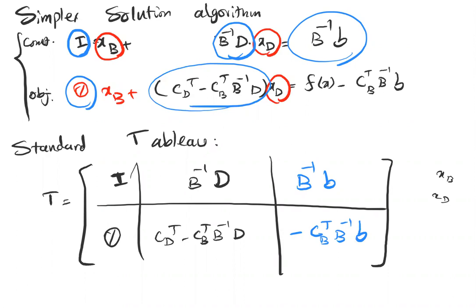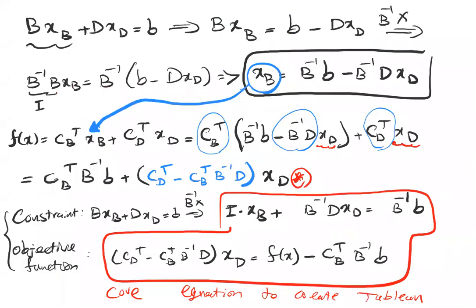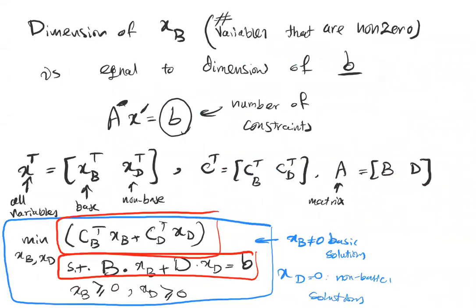So we are going to explain the simplex algorithm to solve this Tableau representation. Before doing that, let's go back again and see the steps to determine Tableau. You don't need to actually memorize Tableau. You start from your problem here, minimizing CB transpose XB plus CD transpose XD, subject to BXB plus DXD is equal to b.